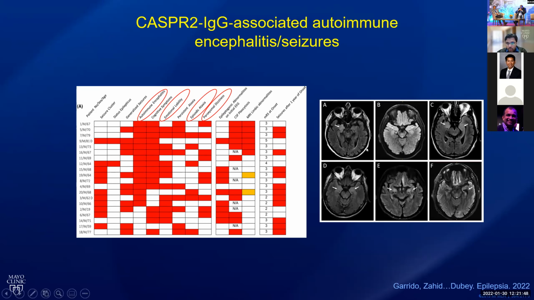This MRI shows some patients with limbic encephalitis-like MRI changes, but again, it's not found in all cases. So completely normal MRIs should not dissuade us from Caspr2 testing. If the patients have some of these features, then we should probably consider Caspr2 IgG evaluation.